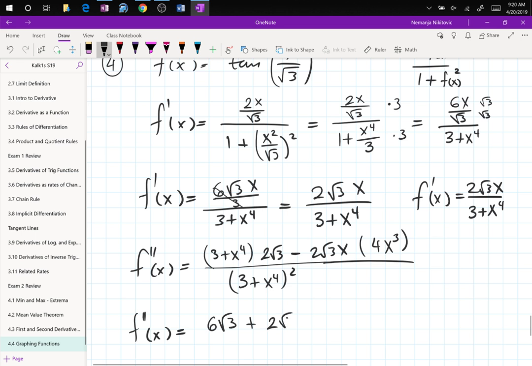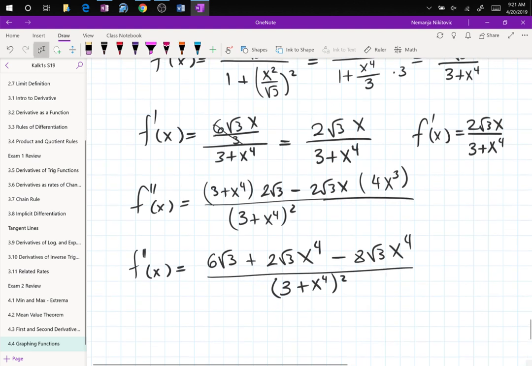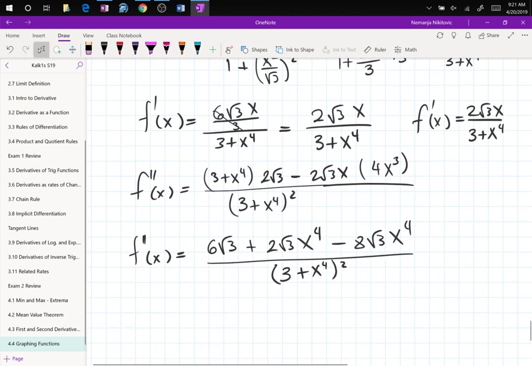plus 2 root 3 x to the 4, minus 8 root 3 x to the 4, divided by the denominator. Again, the denominator doesn't matter, because when we set it equal to 0 it will cross multiply into a 0, so it doesn't matter. So what do I have?